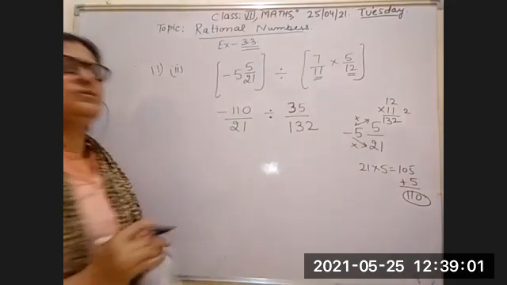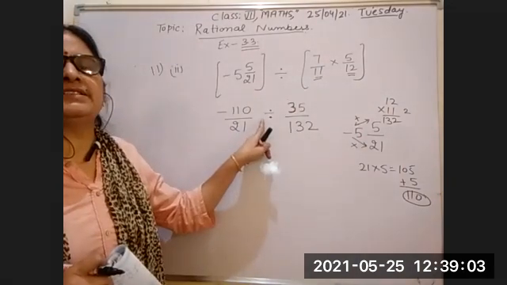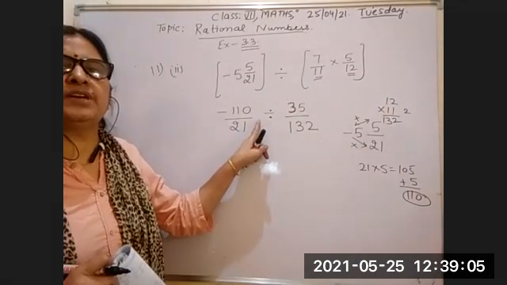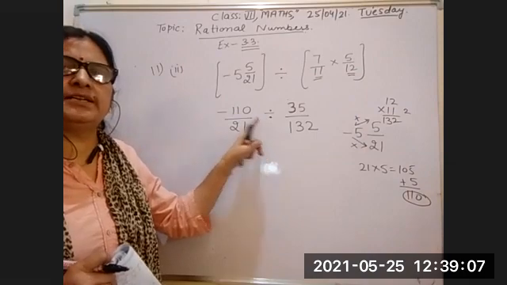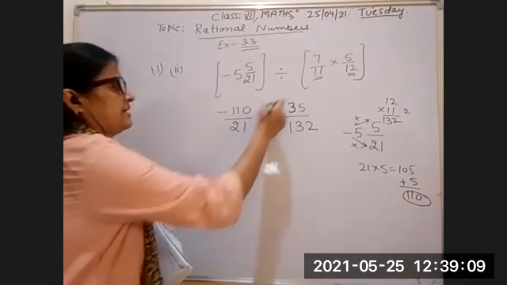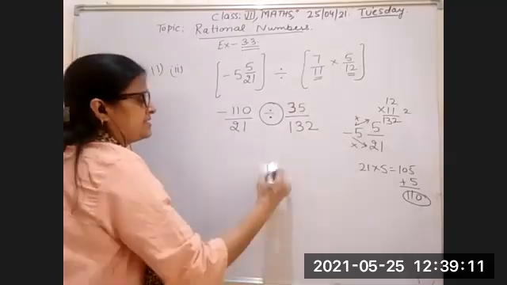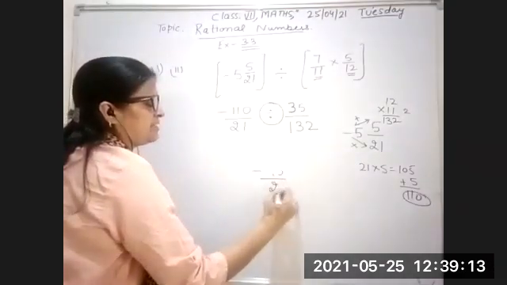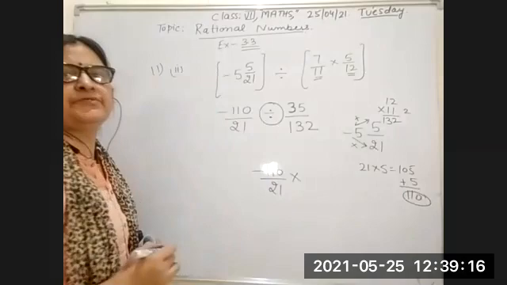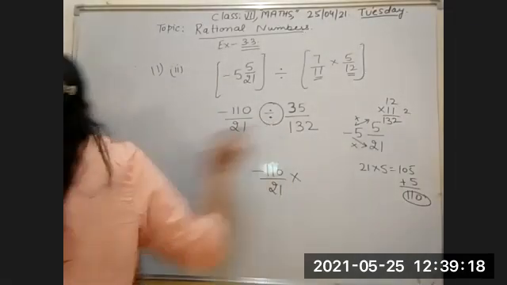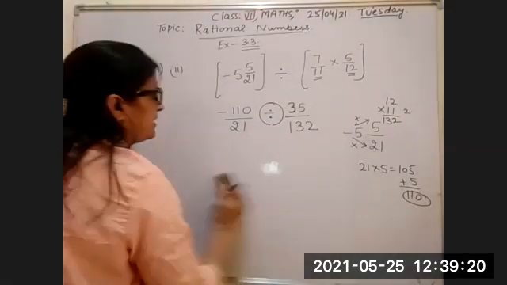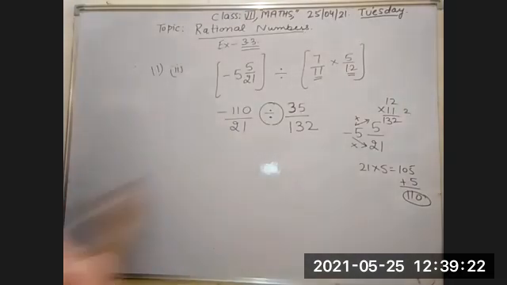Okay. Now here the divide sign is given. So first you have to convert the divide sign into the multiply sign, and I am writing it here because there is some reflection.